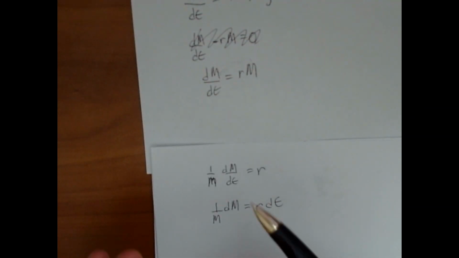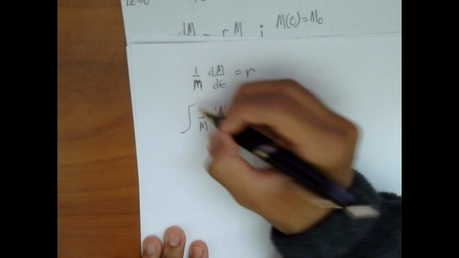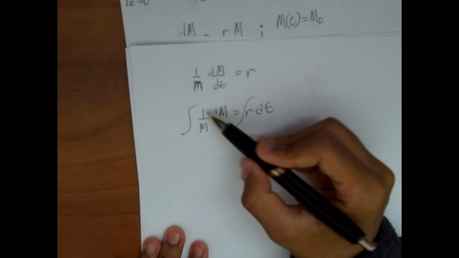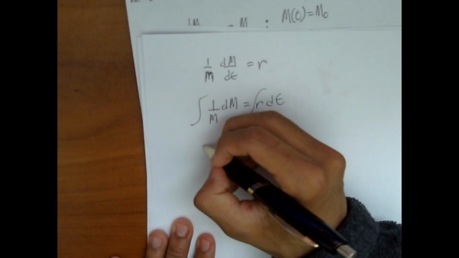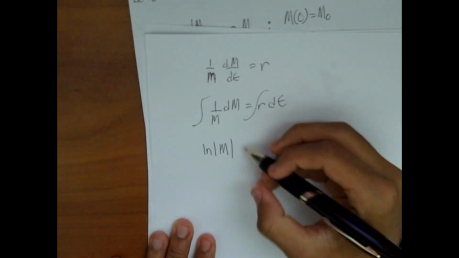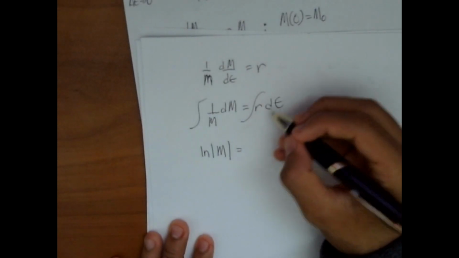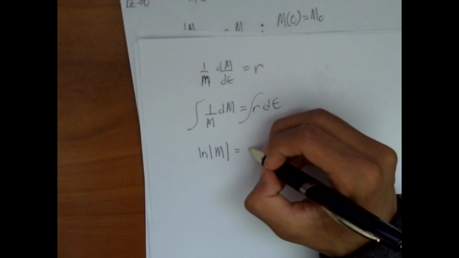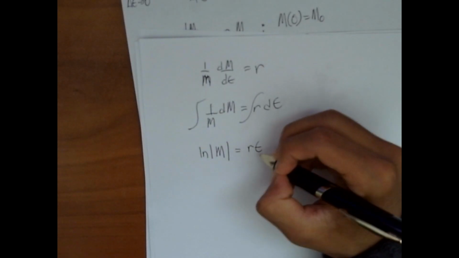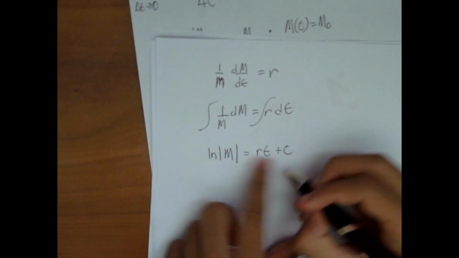Now this is easy to solve. We can take the integral of both sides. The integral of this is just ln of M, and that is equal to the integral of this, which is just rt, plus C. That's technically a plus C on each side, but you can just combine those two.